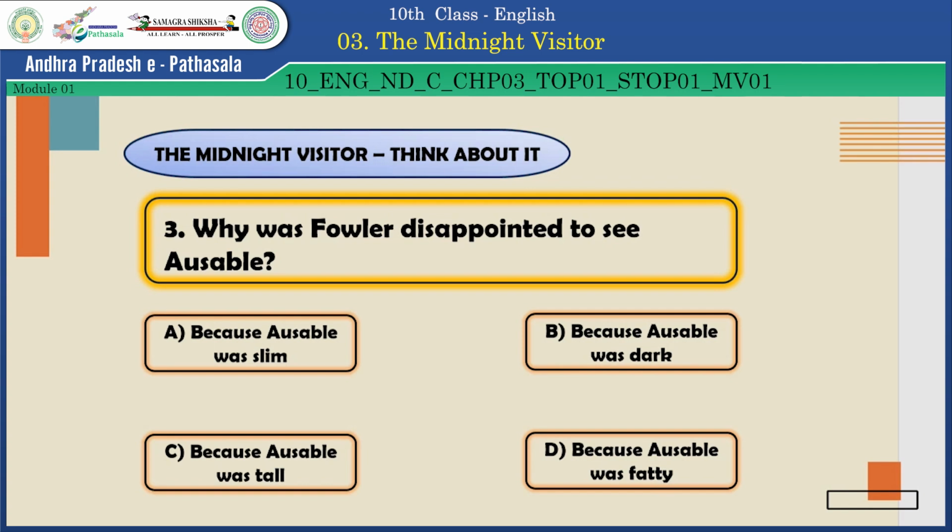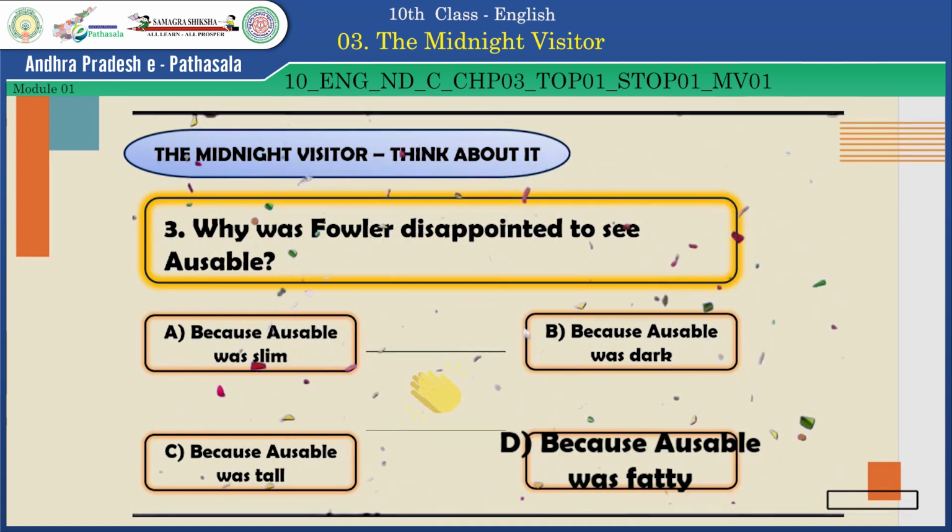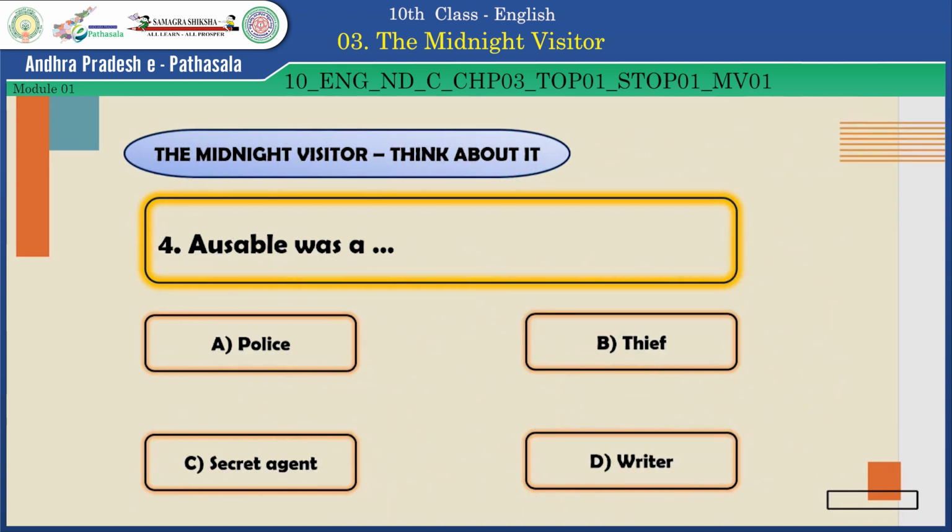You are right. The correct answer is D. Because Asbel was fatty. Question number 4. Asbel was A. Police, B. Thief, C. Secret agent, D. Raider. You are absolutely correct. The right answer is C. Secret agent.